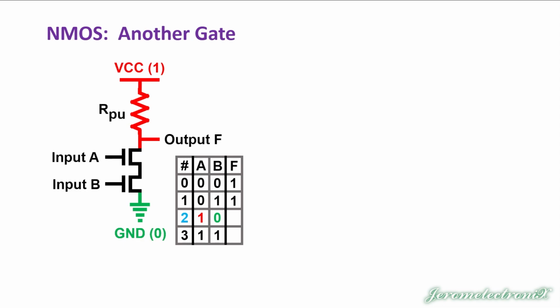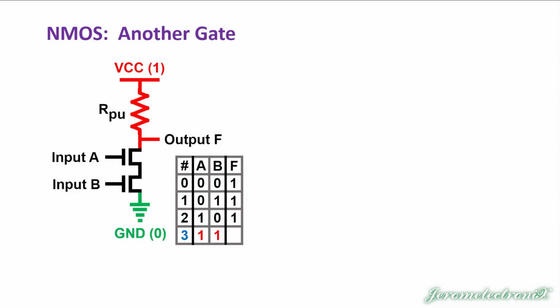Okay, so output is still 1. What if we reverse that? If we allow flow through the other gate, that would be A, but block voltage in B, still, even though A is open and the high voltage can get down a little ways, input B is blocking the flow, so the output is still 1.